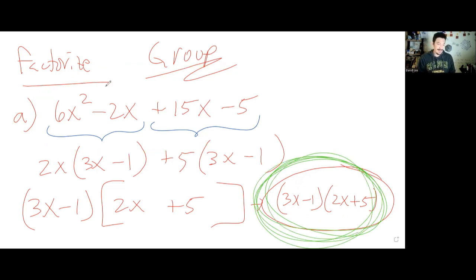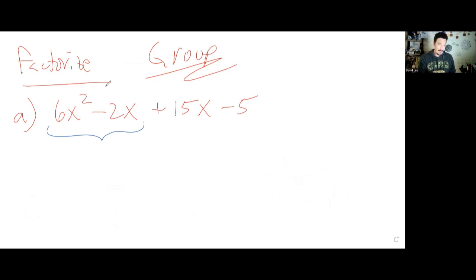So let's move on to example B under the same umbrella of group factorization. How about this one? 5x squared plus 35x minus 4x minus 28. So let's do this one, and then we'll move on to the next subcategory.